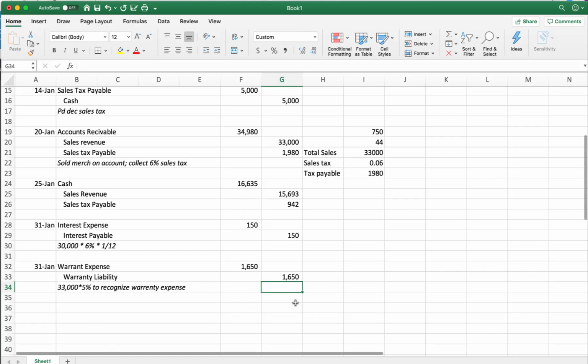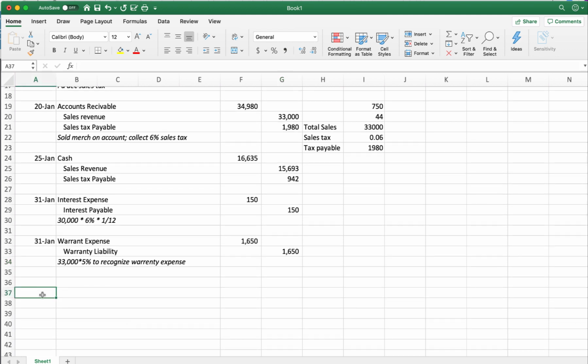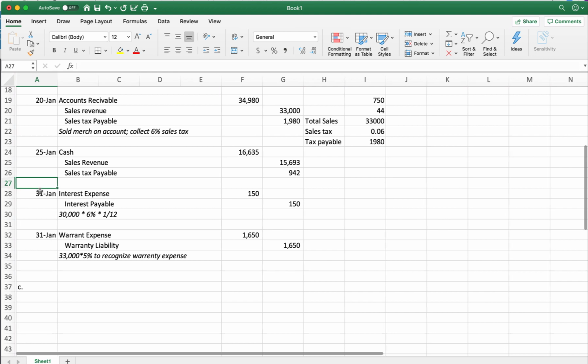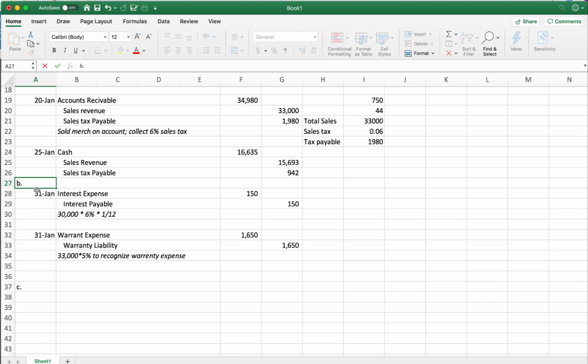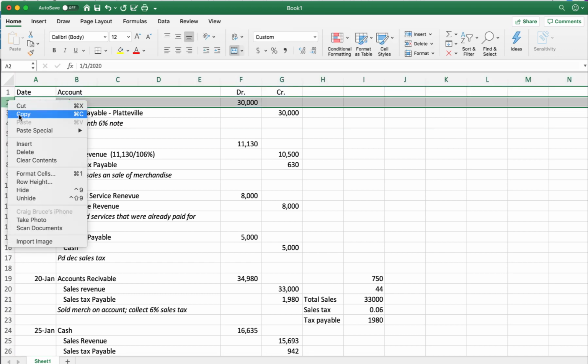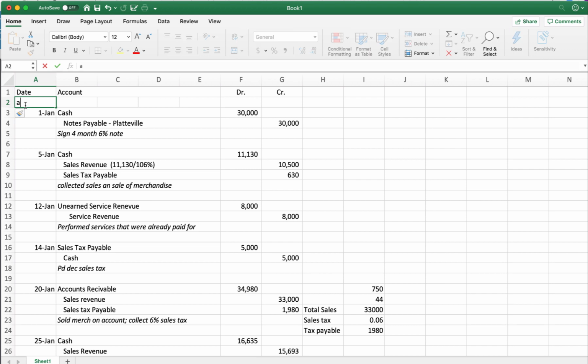So to list my liabilities, I'm just going to come down here and do it. I'm just going to say, this is part C. This was part B. And this was part A.